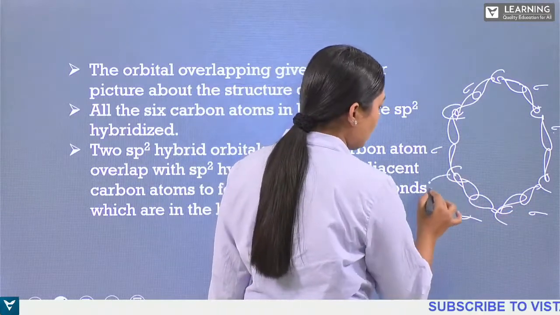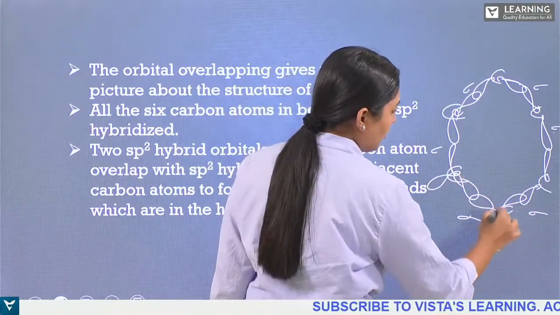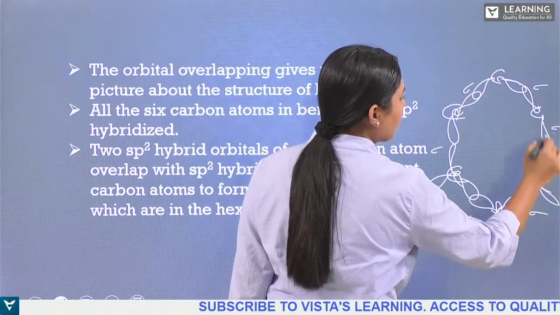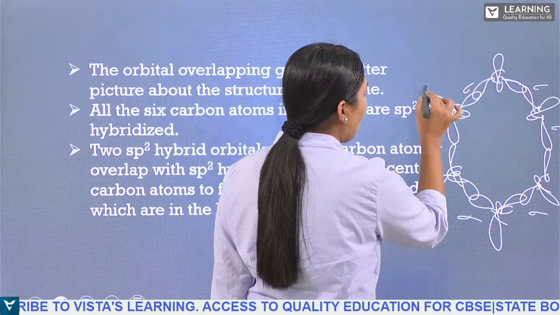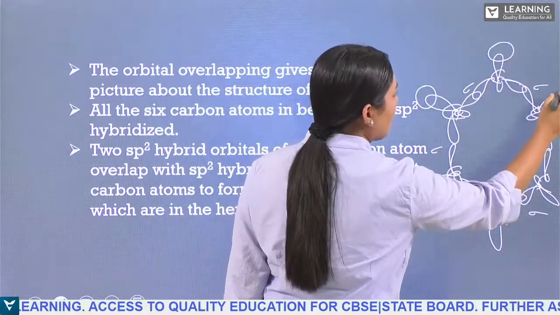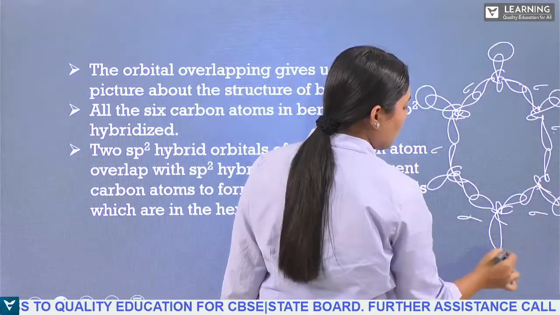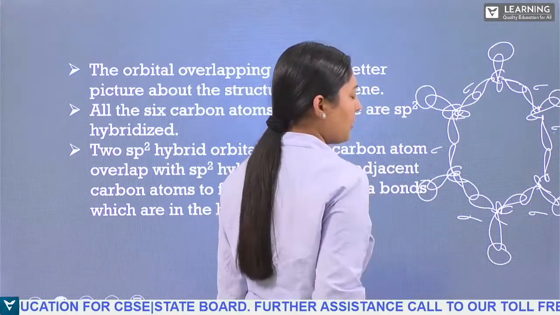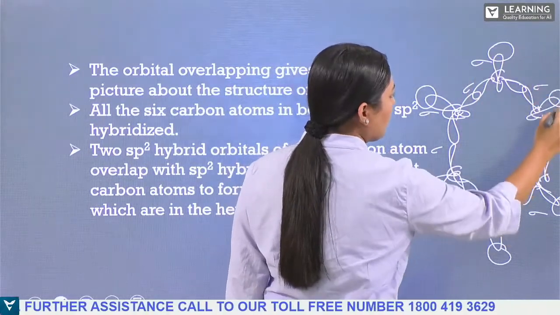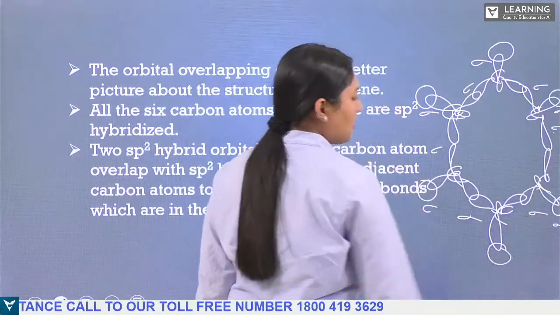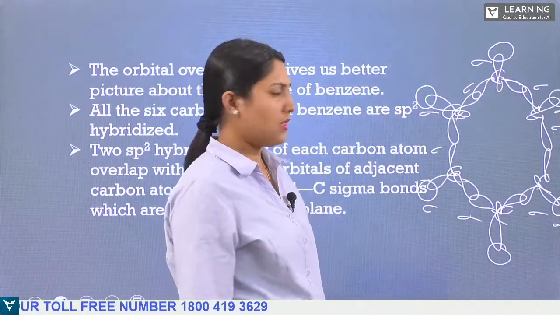And one more orbital, with which the hydrogen will be bonding, where hydrogen also makes a sigma bond with this sp2 hybrid orbital, right?